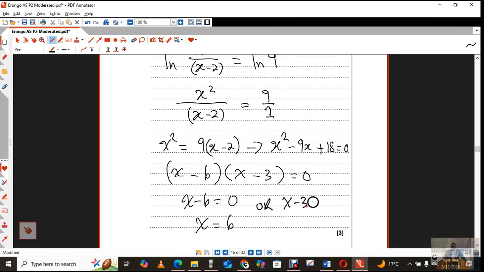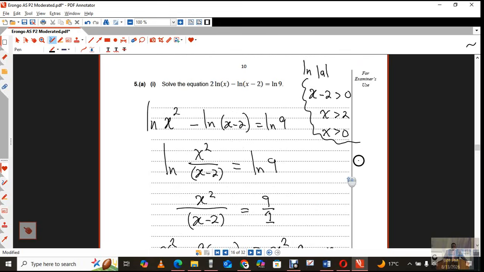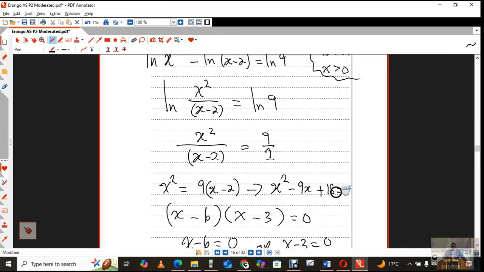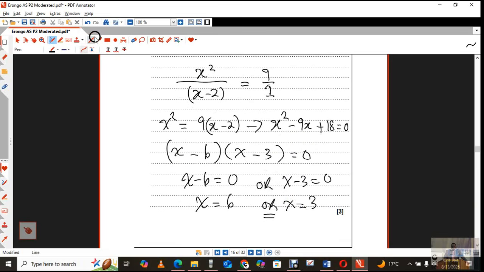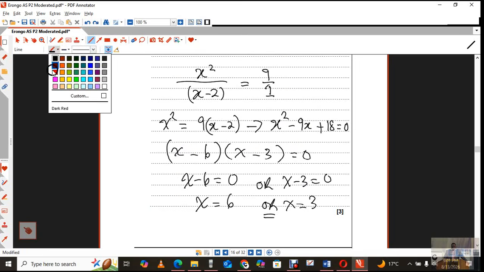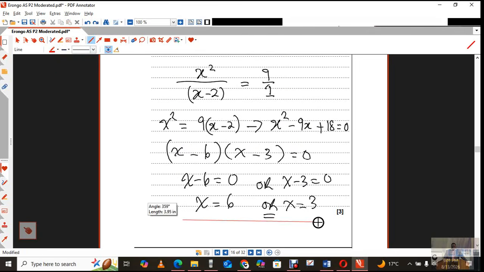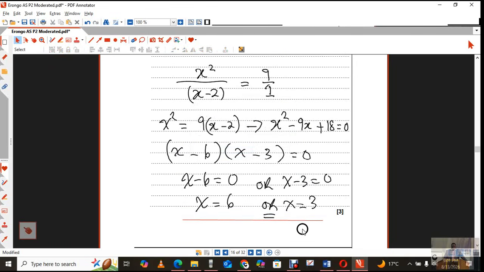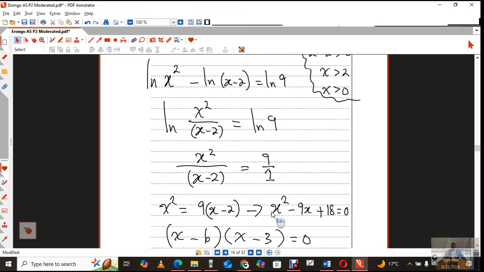Or x minus 3 is equal to 0, therefore x is equal to 3. What was our condition? We said x should be greater than 2. Yes, 6 and 3 are greater than that and greater than 0. So those are the solutions that will satisfy this equation.